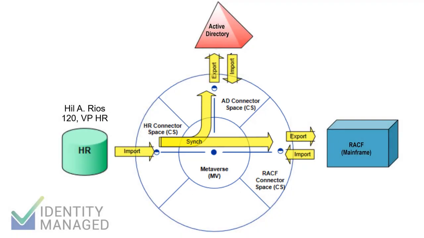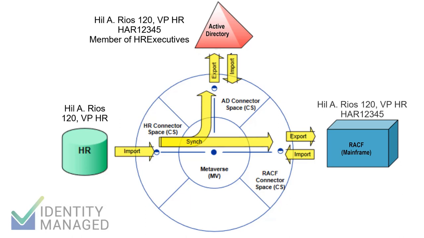So when we import Hilaria for the first time, it will provision an object into the Active Directory connector space. It will provision an object into the RACF connector space. And then when we do an export, that's when it will go and talk to the real system. That's when it will go and talk to Active Directory and actually create the account. And when we do an export to RACF, that's when it will go and create the RACF account.